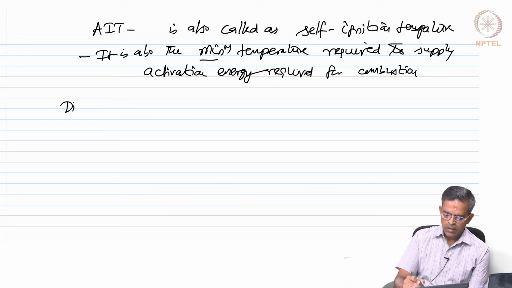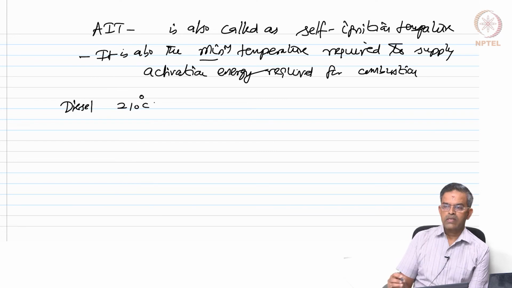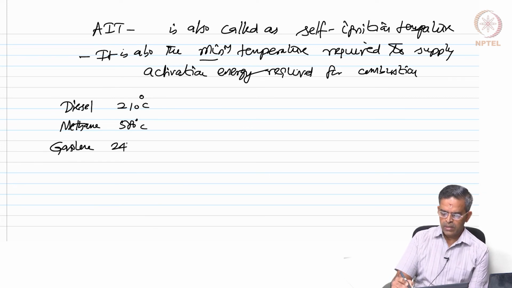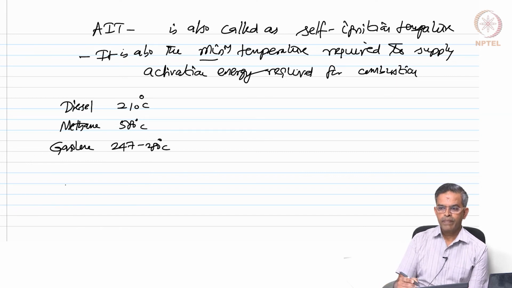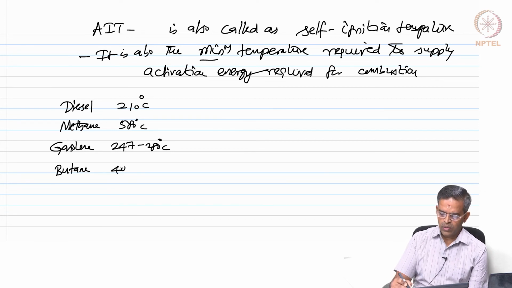Let us say, for example, diesel has got 200 degrees Celsius, methane is 580 degrees Celsius, gasoline is in the range of 247 to 280, butane is about 405.